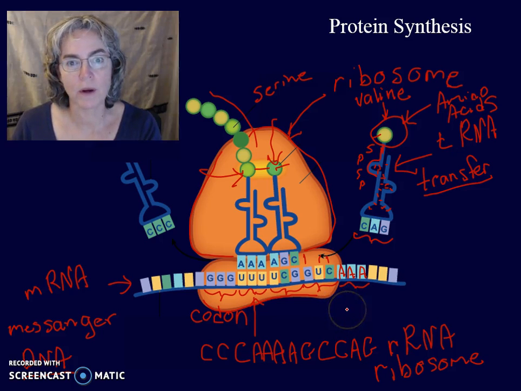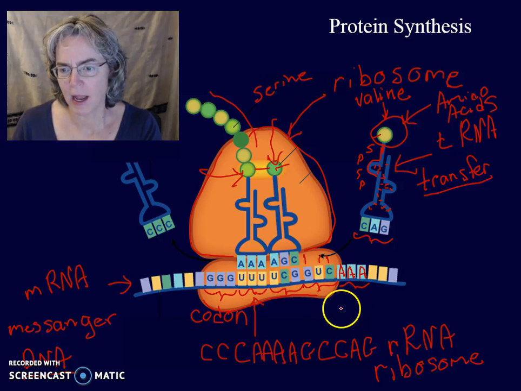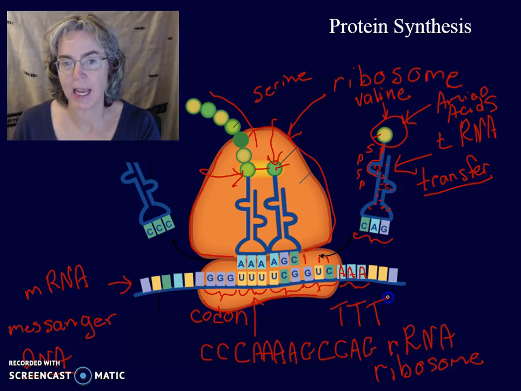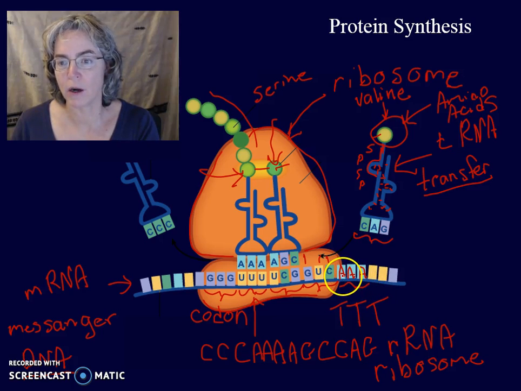So remember, in DNA, adenine bonds with thymine. So it's going to be T, T, T in our DNA molecule. And then in our mRNA, it's going to be AAA.